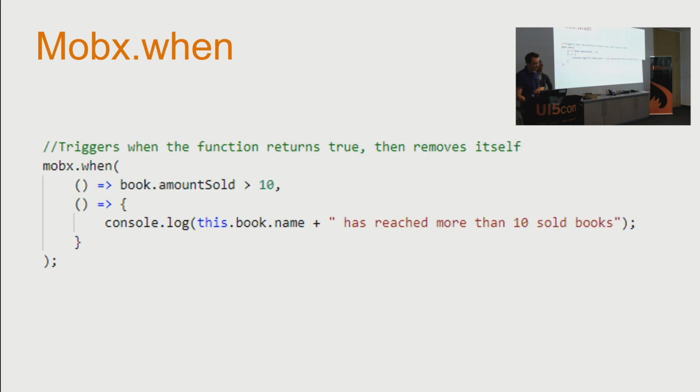You got the MobX when function, that's a really important one. It triggers when the function above returns true, and then it removes itself. So it's basically just a single time trigger. In this case, I observed the amount sold. If it is bigger than 10, then one time only the console logs the statement.